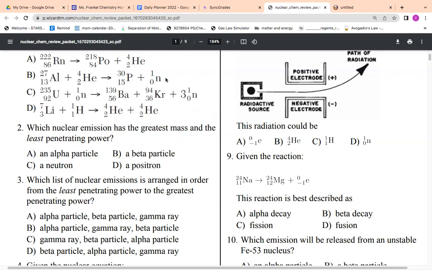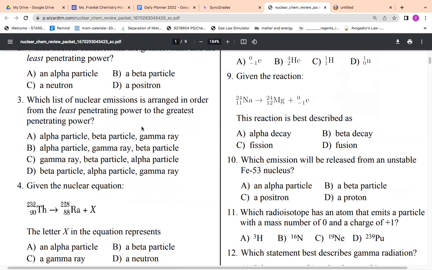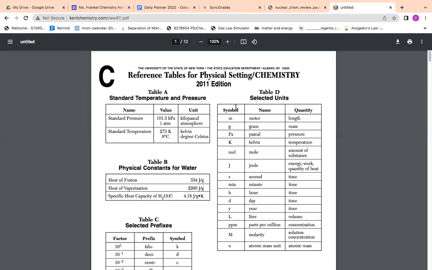All right, number 3. Which list, so this basically goes right into what we were just talking about. Which list of nuclear emissions is arranged in order from the least penetrating power to the greatest penetrating power? Again, penetrating power is basically how easily an object or a particle will go through another object. You don't really need to memorize it because if you just look at your reference table, let's actually take a look there for a second.